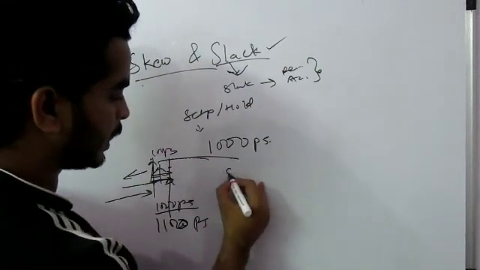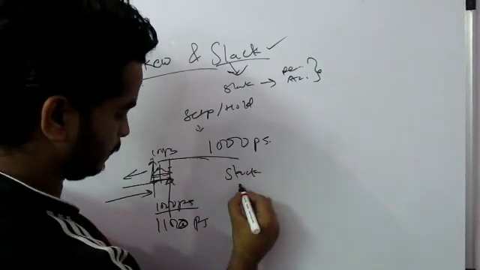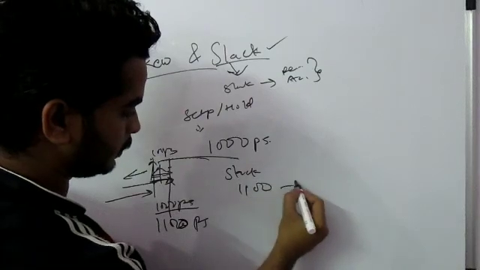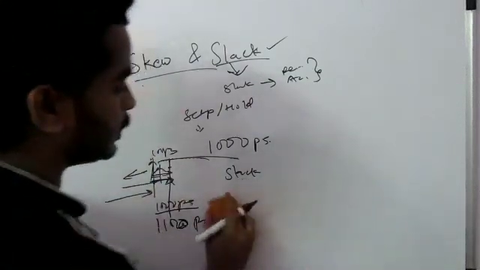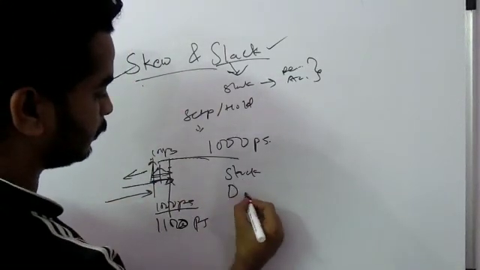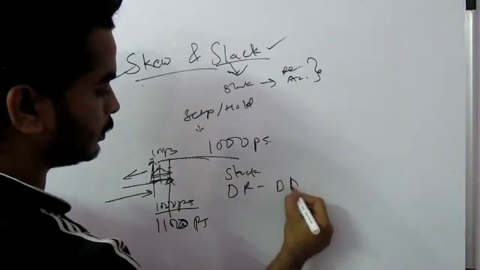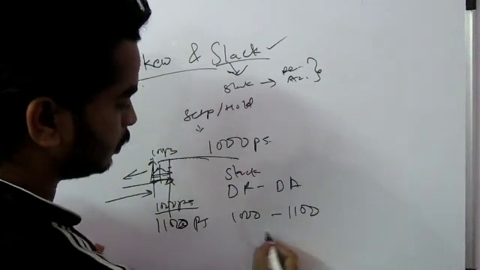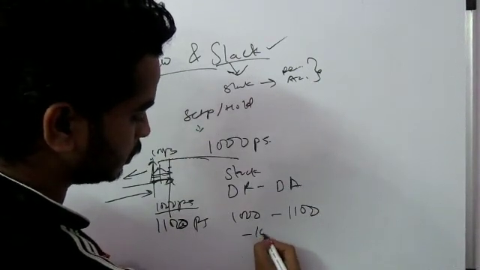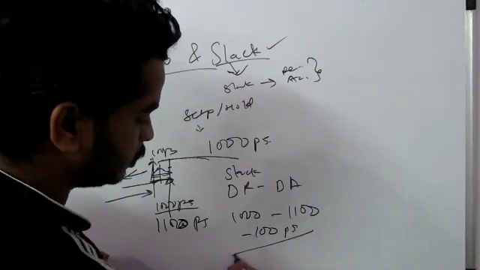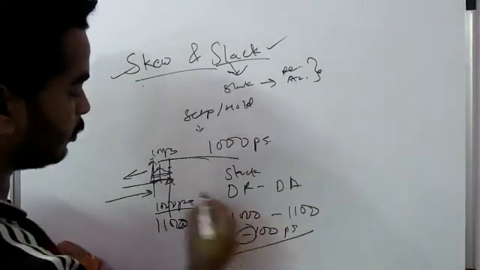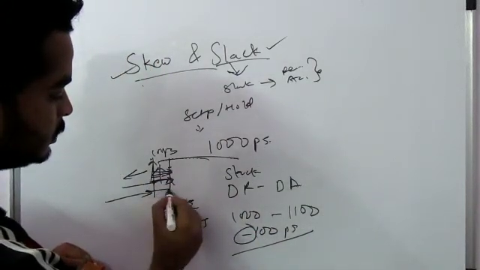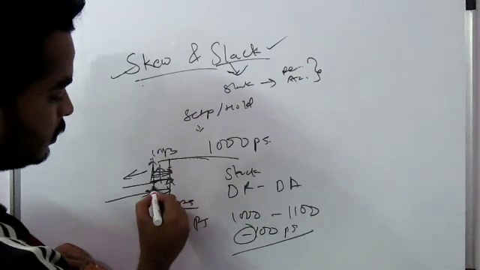So the slack would be, in case of the setup condition, data required minus data arrived. Data required was 1000 and data arrived at 1100, so the difference is 100 picoseconds. This would be negative because the setup condition has been violated, as the data arrived after the setup time.